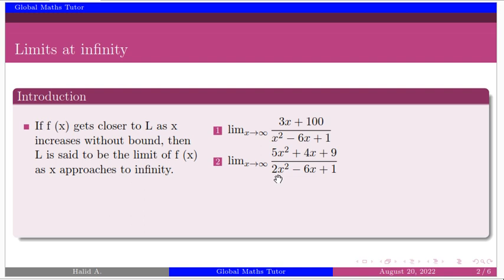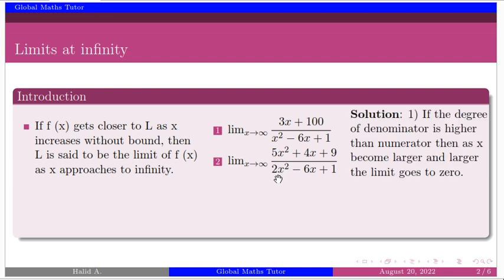But what if they are equal? Let's see. For the first one, since the denominator has the greater degree, it vanishes to 0. And for the second case, we will do some mathematics.